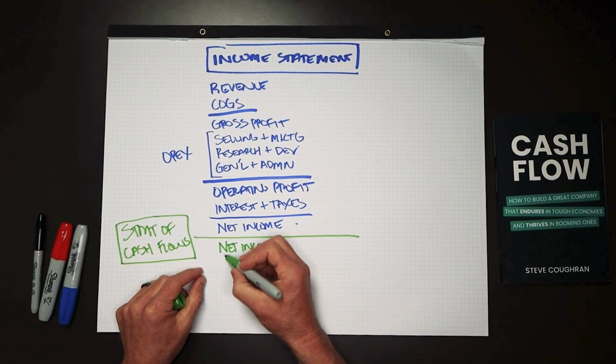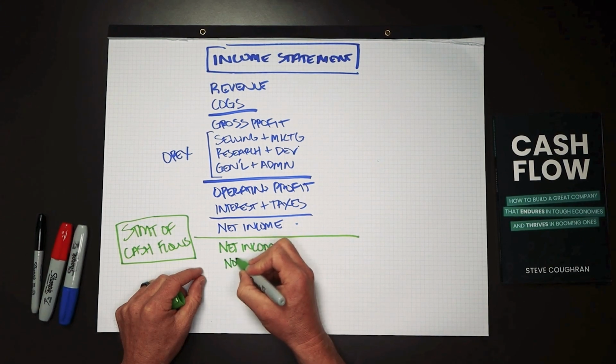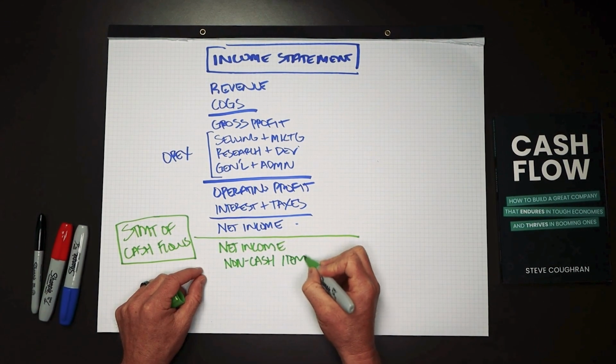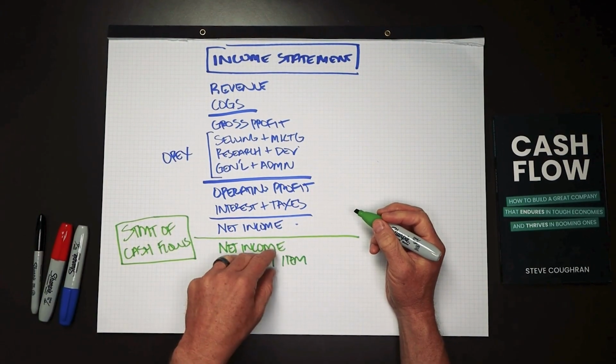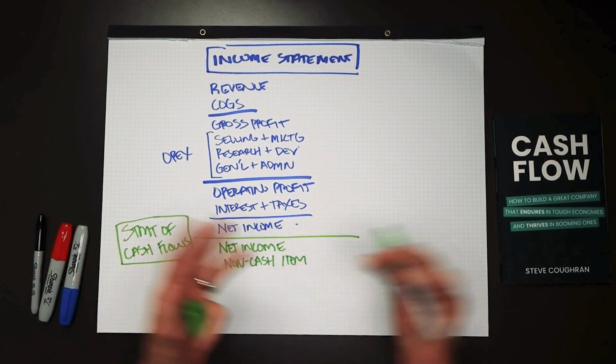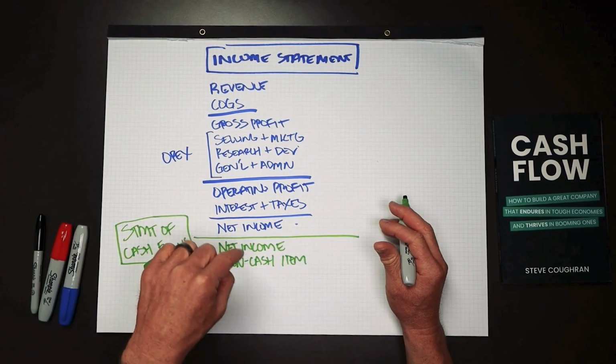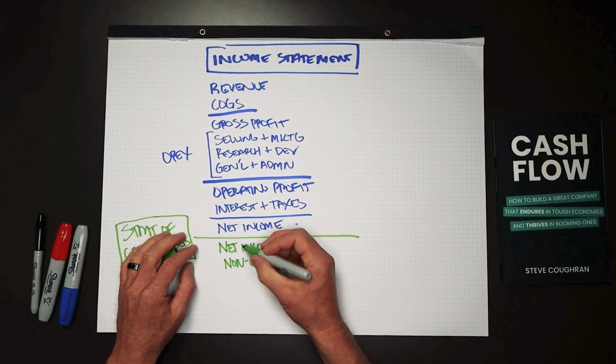Now, underneath net income, we have to account for non-cash items, such as depreciation and amortization on equipment or on intangibles, or the gain or loss on a sale of a piece of equipment, because these are just accounting items and they're not true cash items. So we have to account for those.